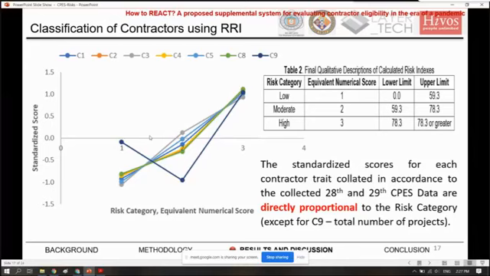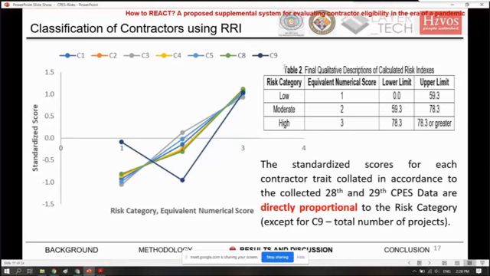This is very good actually, because we can see that our model stands because they are in coherence with our prediction that they are directly proportional to one another, except for C9, which you will see in this graph, their future performance. Actually, if they have more projects, I think they are more experienced, so that's a good thing.